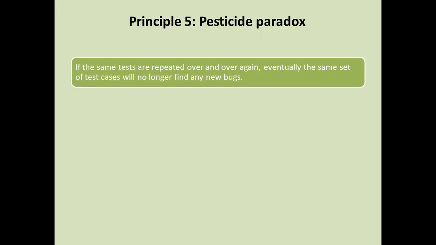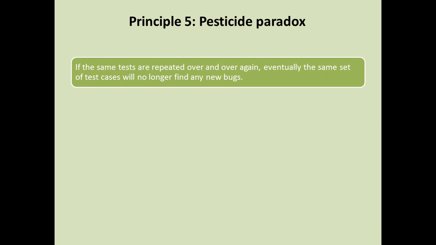Then principle 5 says pesticide paradox. What does this mean? If the same tests are repeated over and over again, eventually the same set of test cases will no longer find any new bugs. Suppose you have a test suite with 100 test cases, and in every build cycle, every build you get from the developers, you execute the same set of test cases without any modification for another, say, 5 to 6 cycles.